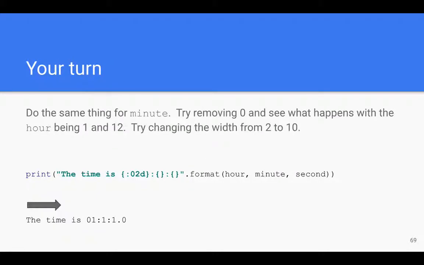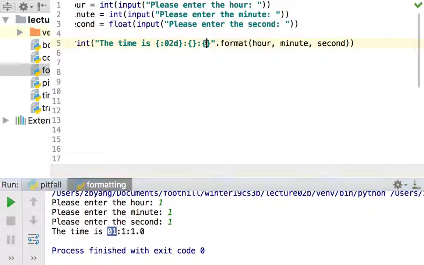Okay, so now that we've formatted the integer parts, what about the seconds? The second is a floating point number. So let's take it a step at a time. Again, to signify the start of a format specification, I start with a colon inside the braces.